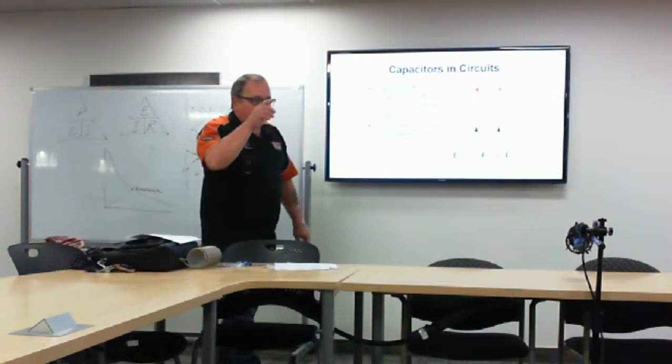You just write that into your formula, and that way you'll be correct. Same when you get into microhenries, then you have to put the other 3 zeros in there.